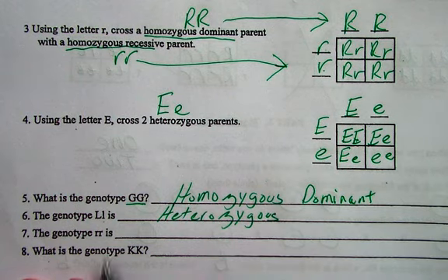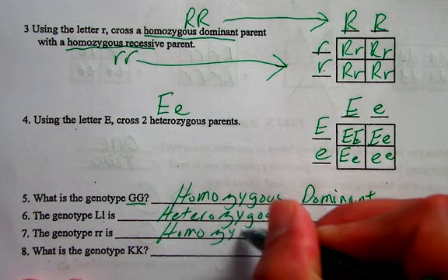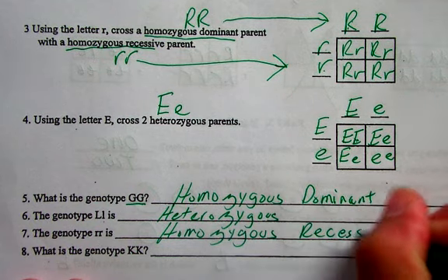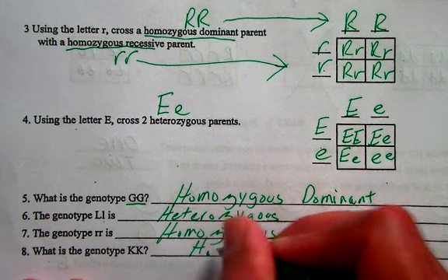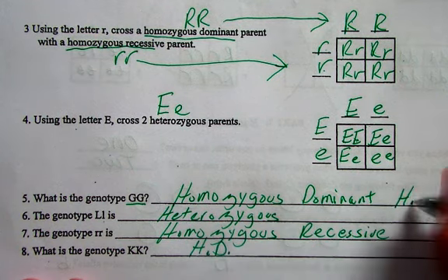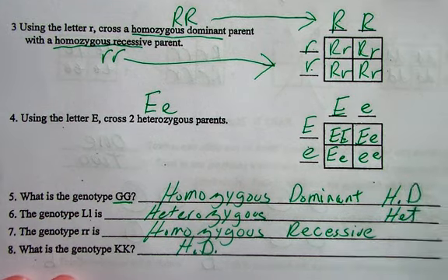Two little r's is homozygous recessive. And then this genotype is homozygous dominant. So I just abbreviated. Homozygous dominant, heterozygous, homozygous recessive. That's just so you don't have to write it out.